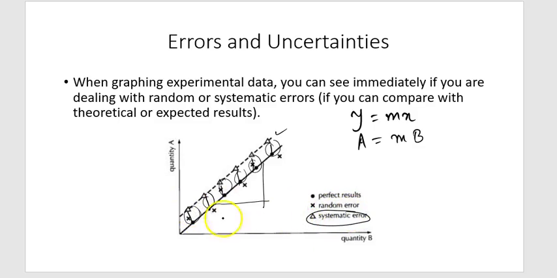So we can identify the systematic error just by looking at the intercept that we are getting. The intercept on a graph, which should be a line of best fit through the origin, gives us an idea of the magnitude of the systematic error that the graph is suffering from.